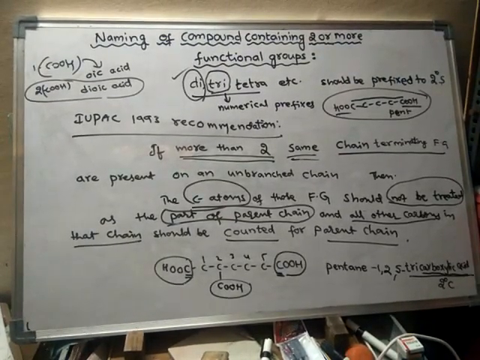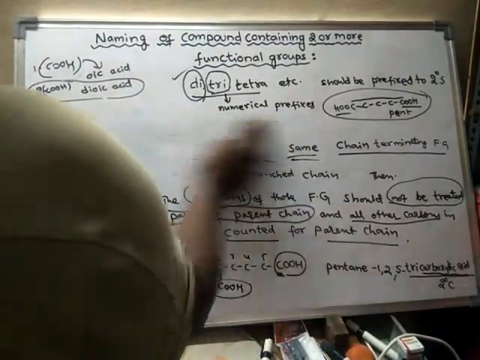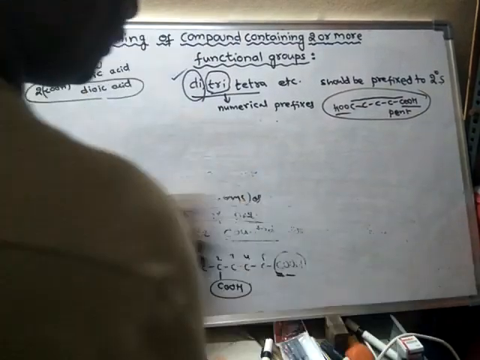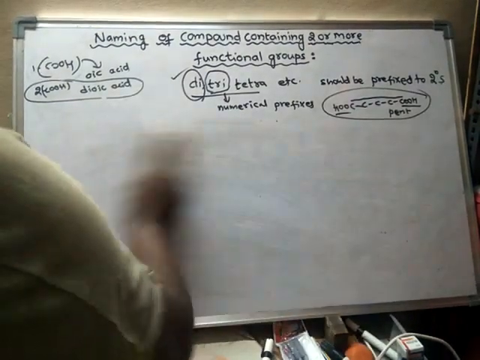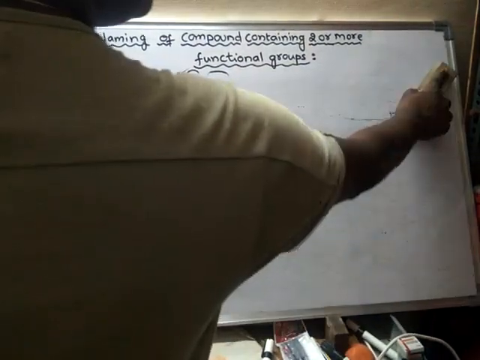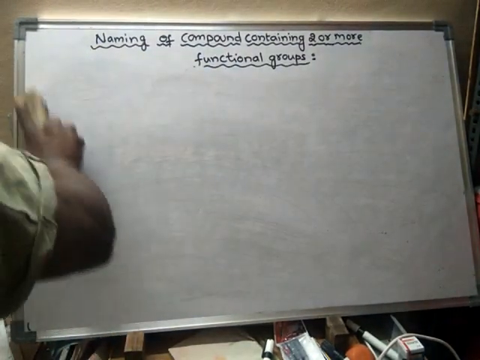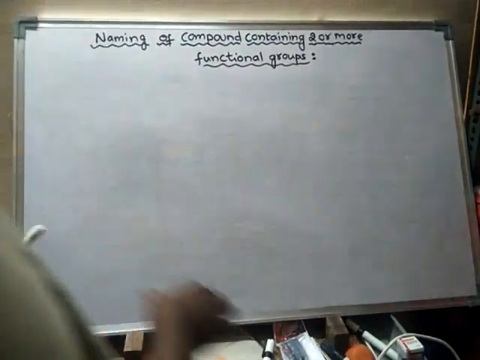Right. So I'm removing this one, rubbing it off. So this is about what? This is about when two or more same functional groups are present.